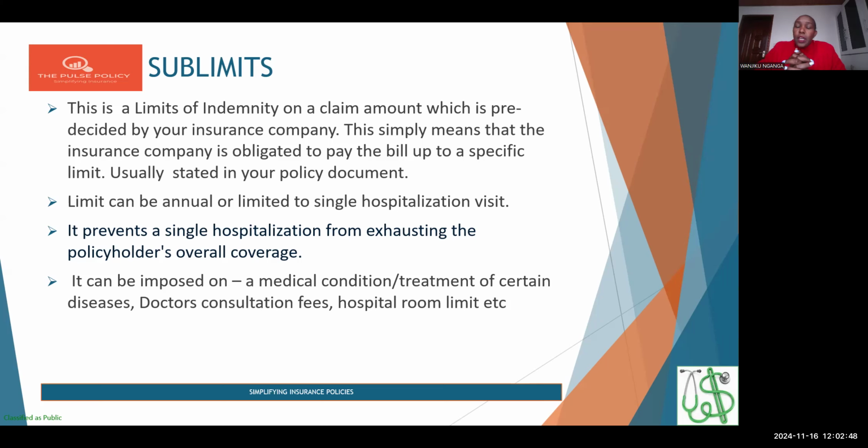Usually you're going to get these sub-limits stated within the policy document. So once you have your policy document, please ensure that you go through it and understand the sub-limits. If you have purchased the policy through an agent, you're going to get a write-up of your medical cover. It is going to explain all the sub-limits that are within your policy.